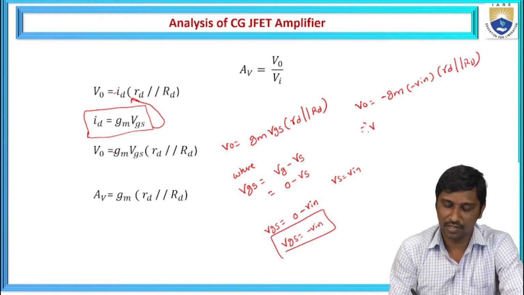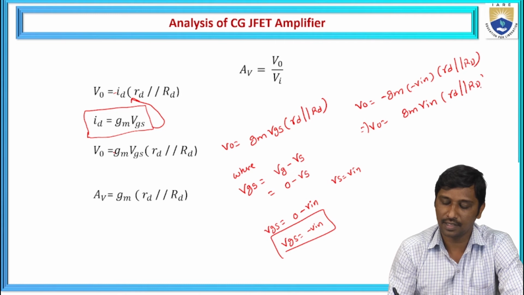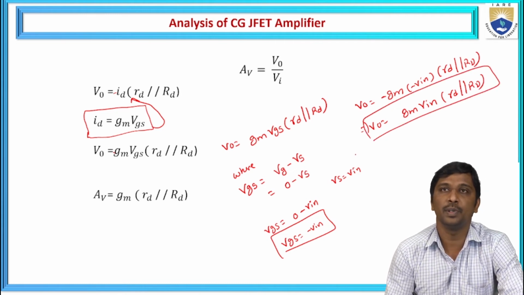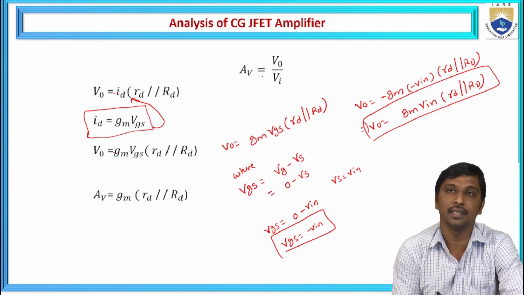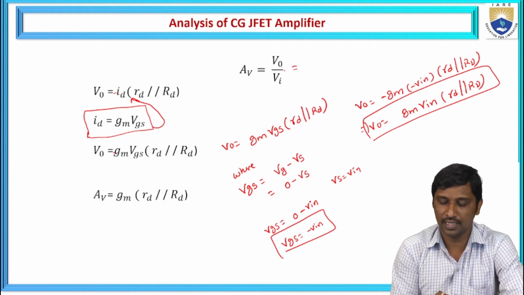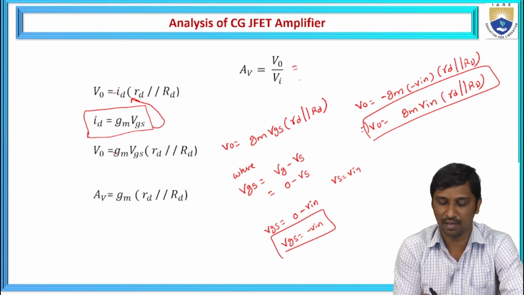Hence, V naught is represented as gm times of Vin times rd in parallel with capital RD. Now, if you want to define the voltage gain, what is the voltage gain? It is the ratio of output voltage to the input voltage. Hence, I substitute the V naught parameter and the Vin parameter.